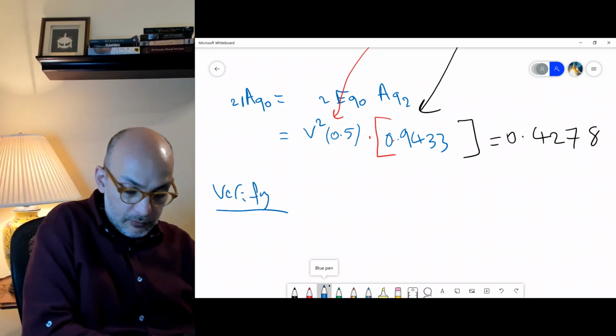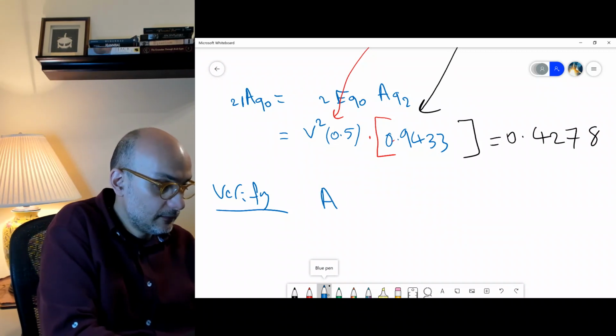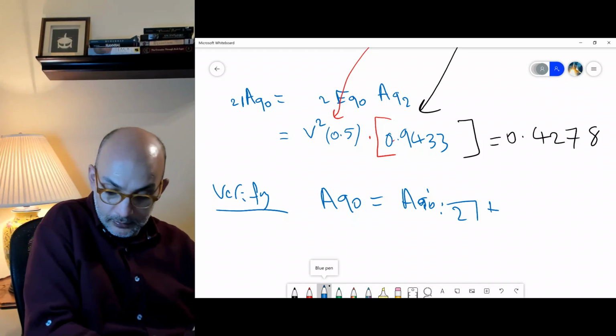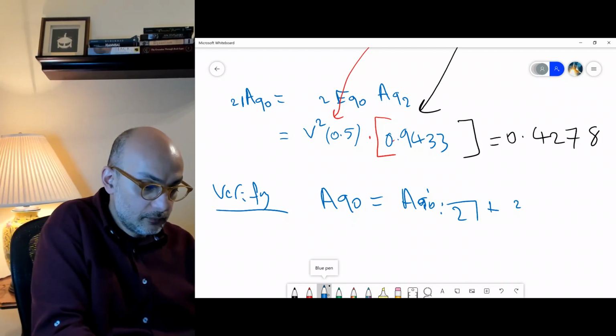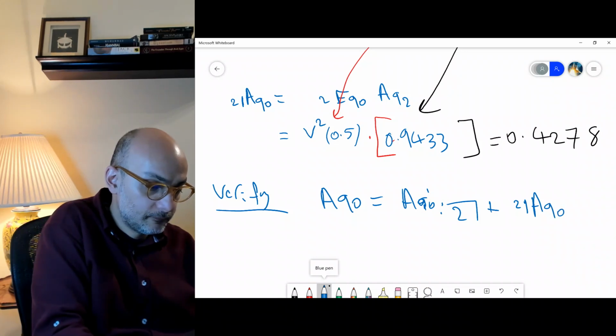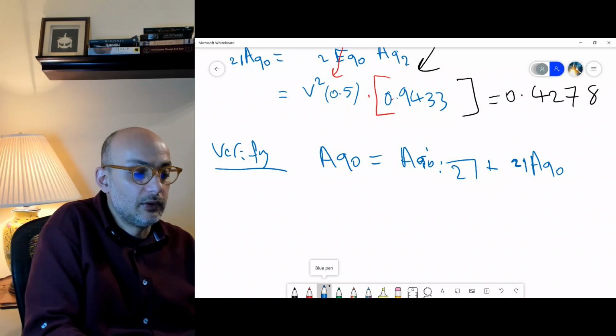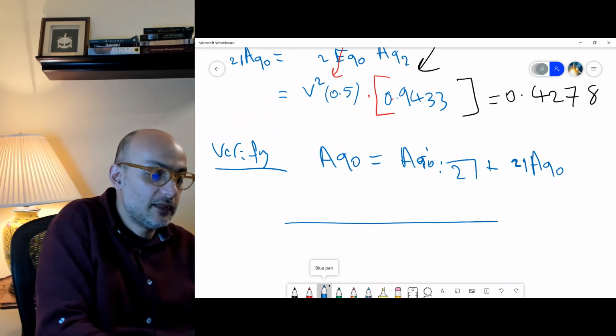And remember what I said, A90 should be equal to A90^2 plus 2A90, right? They should be equal. This is a relationship that it should be clear.